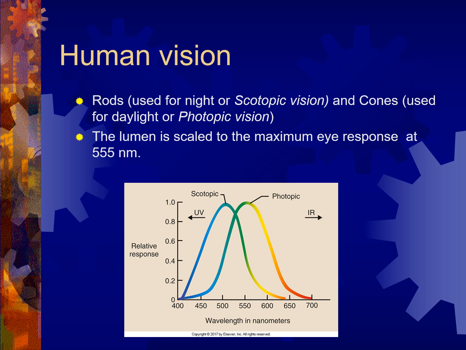Because if this color was red, only red would light up. If this color was green, only green would light up. But because I'm getting both red and green lighting up, it must be halfway between red and green. It must be yellow. And so your brain manufactures the color yellow and fills in the gap. Okay?